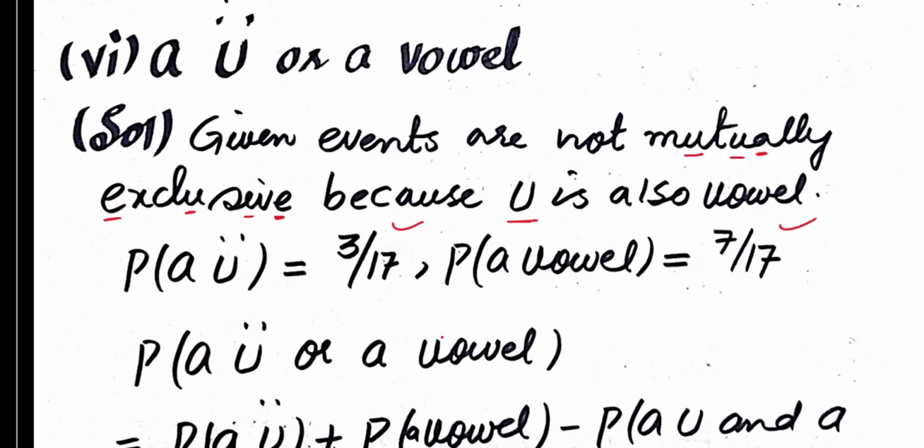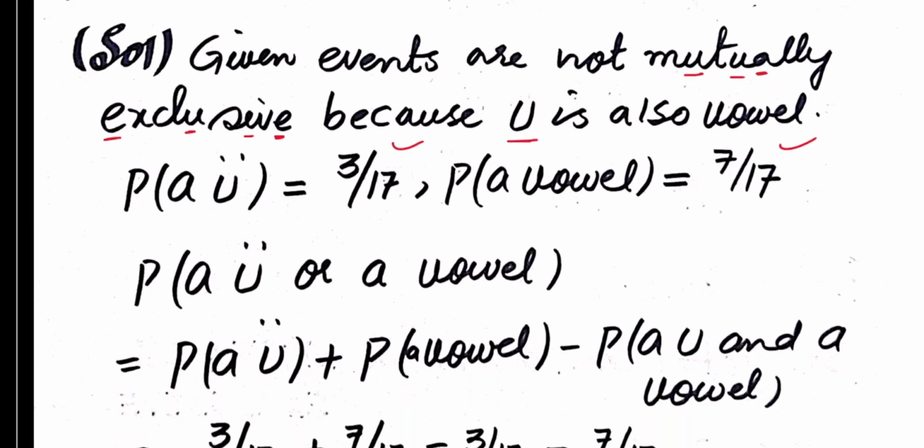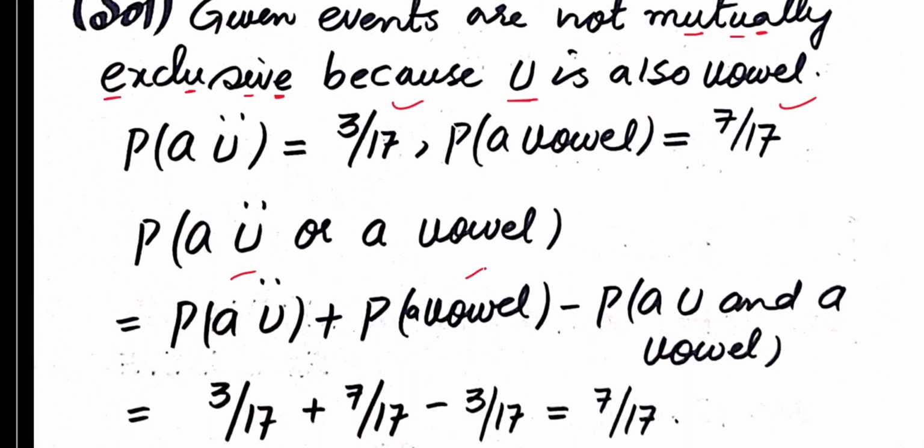So probability of a U or a vowel is given by probability of U plus probability of a vowel minus probability of U and vowel. Probability of U is 3 over 17, probability of vowel is 7 over 17. Now you have to count the letters which are U and vowel.